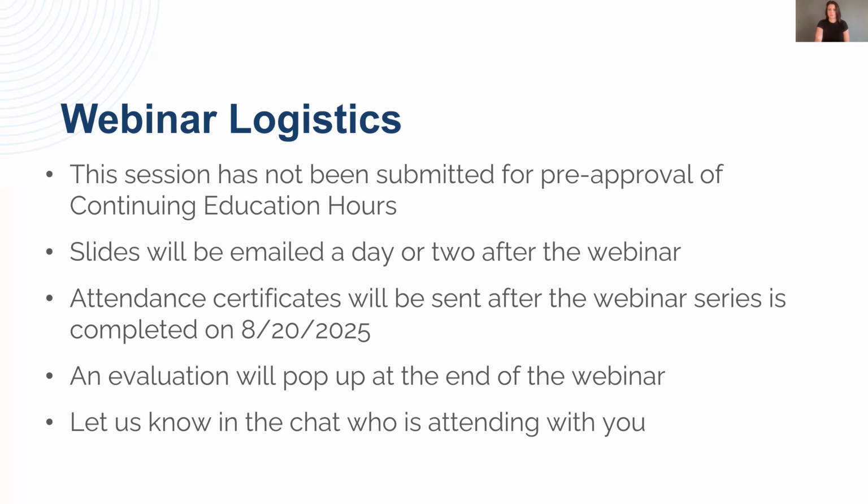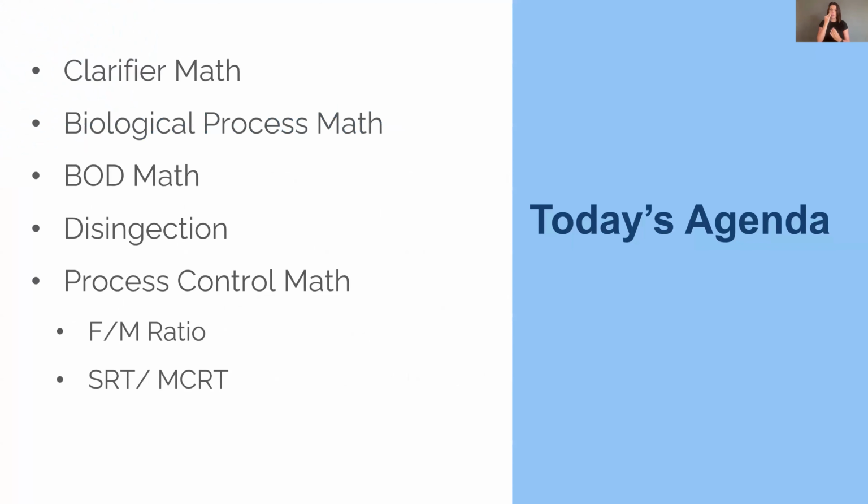Now, on to the information about today. Today's agenda is going to be our advanced wastewater math. This is going to build on our previous webinar segment on beginner and introductory wastewater math. We are going to refresh on a couple of topics, not a whole lot of refresher, but we're going to build on that with some clarifier math.